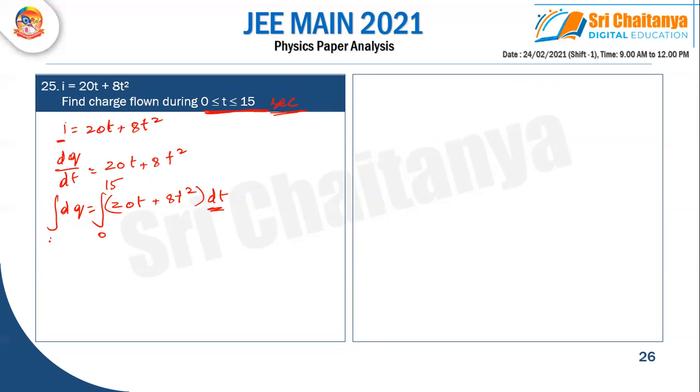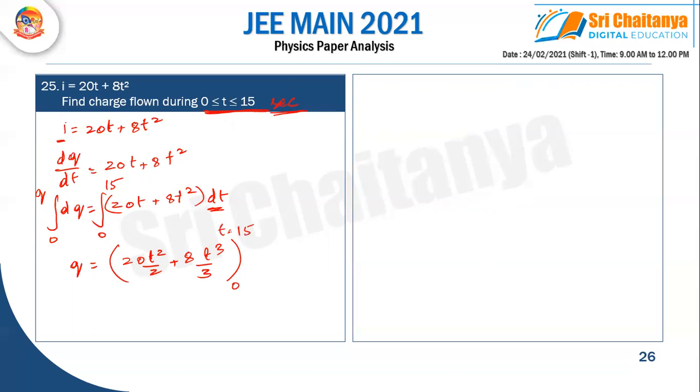So 0 to q, I'm going to get delta q, the magnitude of the charge flowing, which will be 20 t square by 2 plus 8 t cube by 3, within the time limits t equal to 0 to 15.